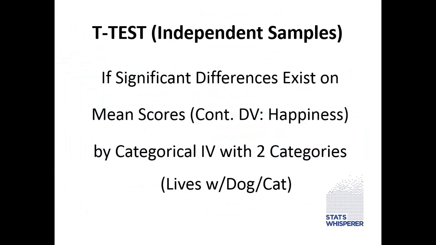So the t-test, in our case the independent samples t-test, is going to tell us, and this is a lot like the ANOVA, except the ANOVA is for more than two categories: is there a significant difference in mean scores among the two categories, living with a dog or a cat, regarding happiness? So in other words, do the mean scores for happiness differ among people that live with a dog or a cat?